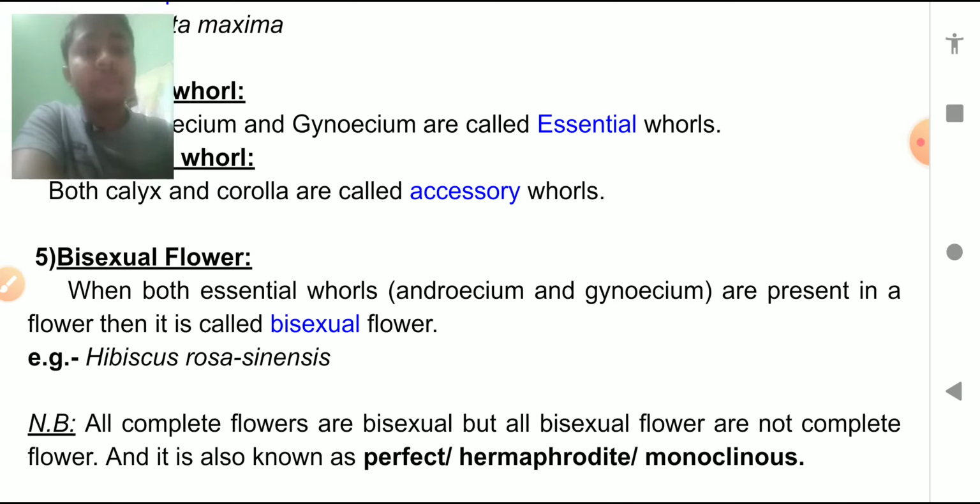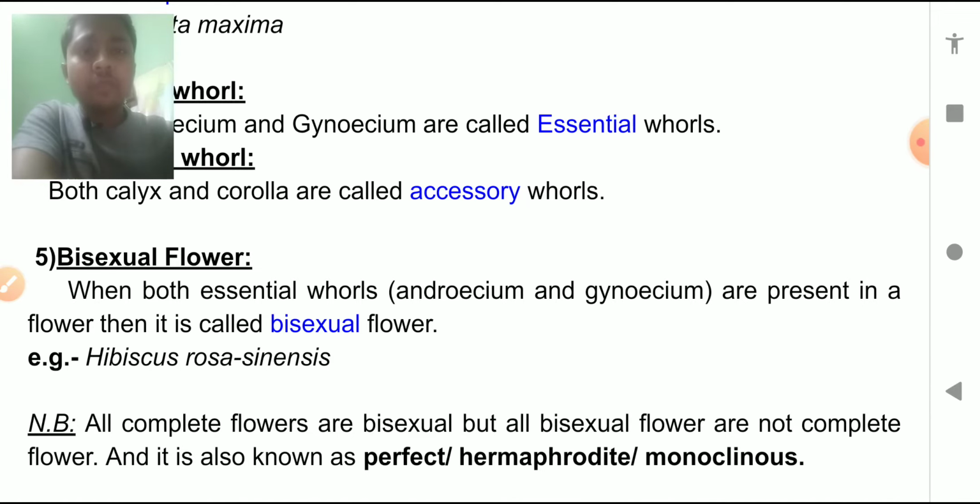Here we also take the example Hibiscus rosa-sinensis, because if you see a Hibiscus rosa-sinensis flower, androecium and gynoecium are both present in it. I hope this is clear to you.